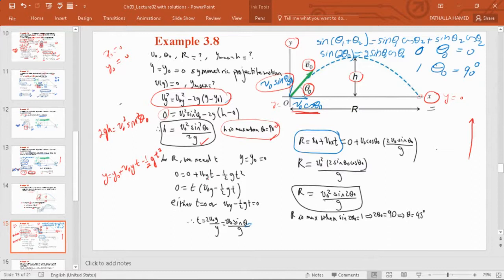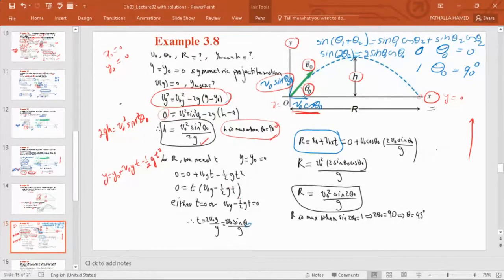So 0 is equal to 0 plus v0y t minus 1/2 g t squared. Now I want to get t here. This is 0, this is 0, so I have 0 here. I can take t as a common factor, so I have t times v0y minus 1/2 g t.